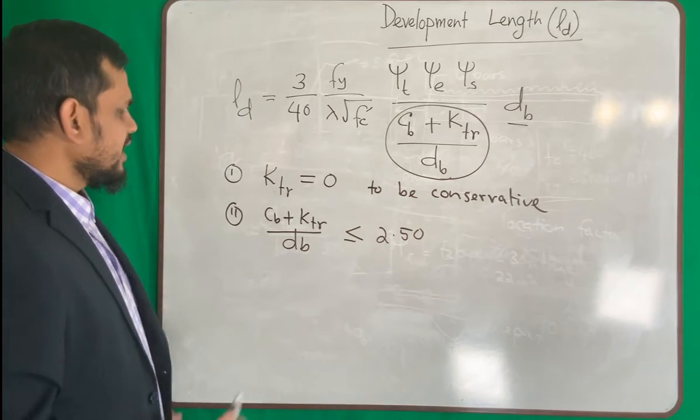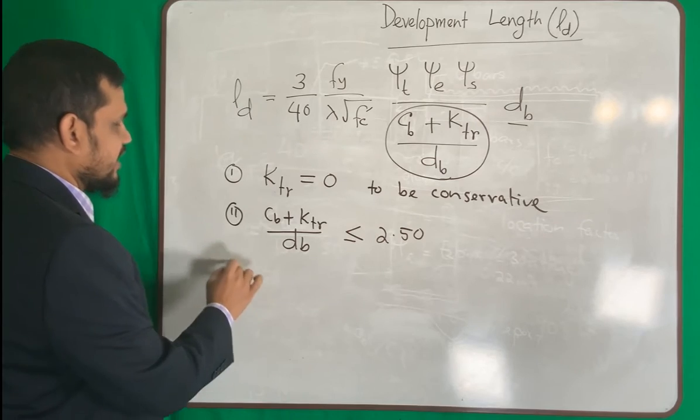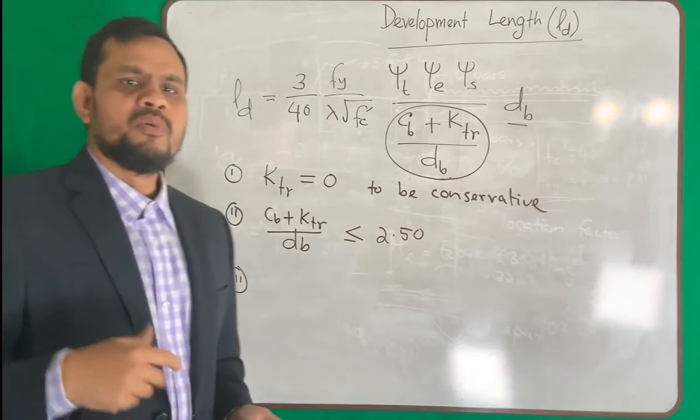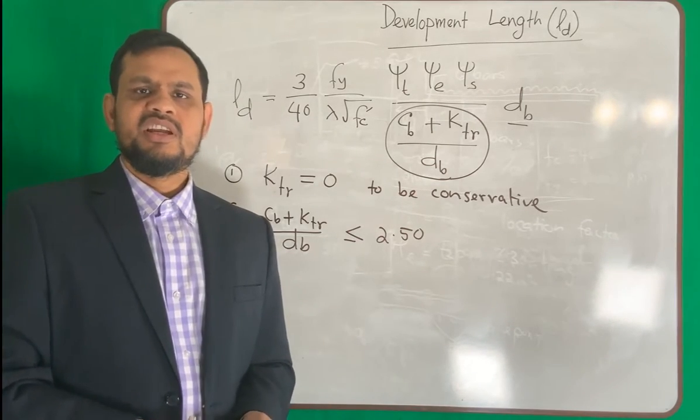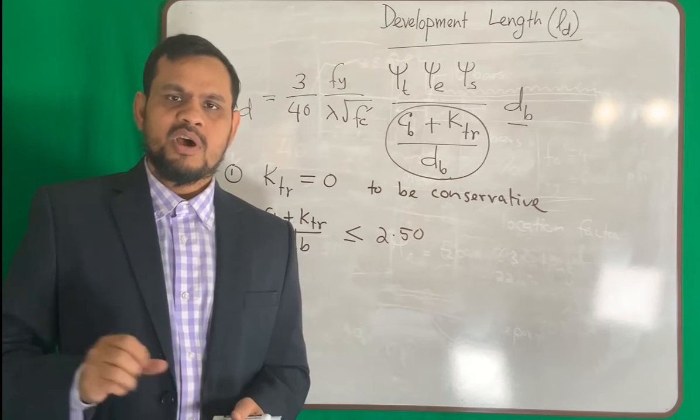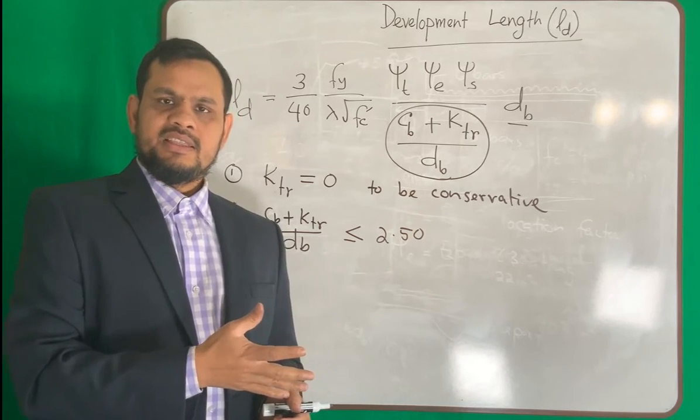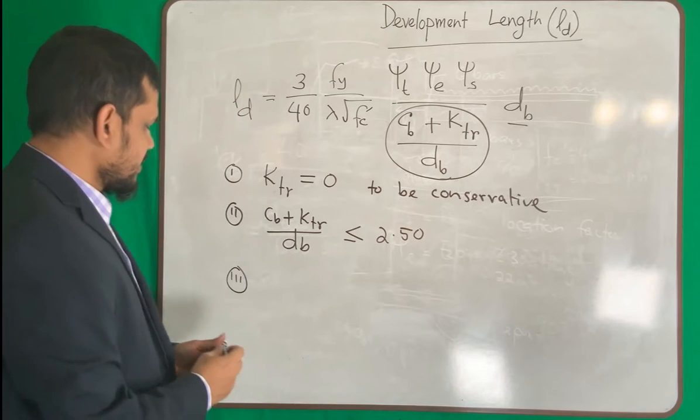That is number 2. Another discussion is that if we provide more reinforcement, say we need 4 inch square and we are providing 5 inch square, in that case we can decrease our length.